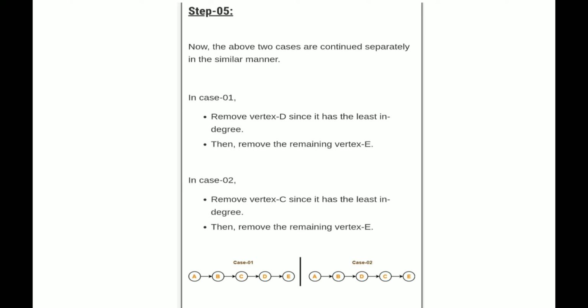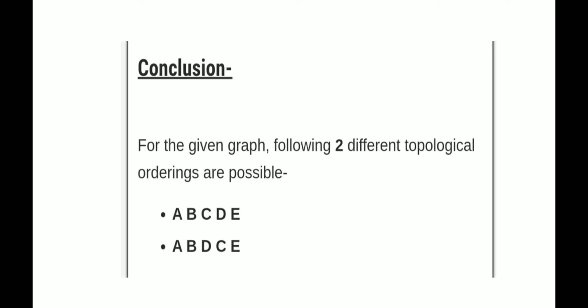This is the concept. Conclusion: in this presentation, in the example I have taken, we can expect two kinds of topological orderings. The first one is ABCDE and the second one is ABDCE.